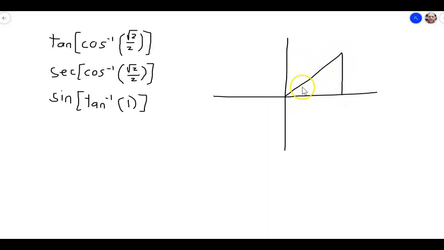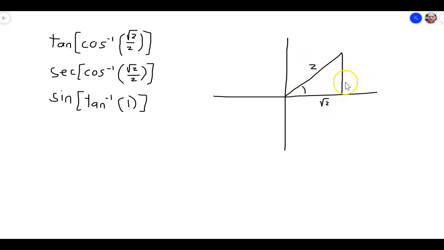So here's my triangle. That's my acute angle theta, and cosine is adjacent over hypotenuse. So the adjacent side will be the square root of 2. The hypotenuse will be 2.